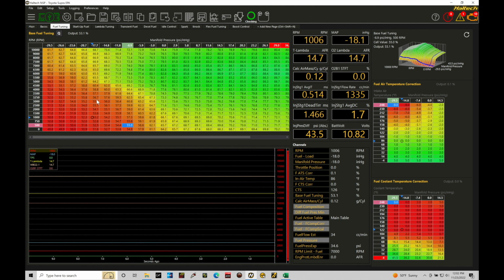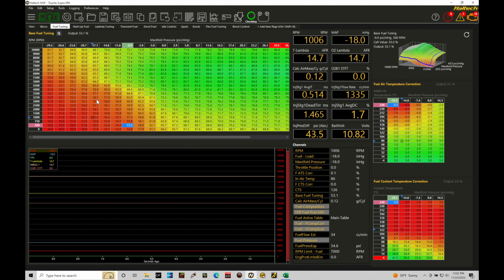Somewhere between the injector slope and the injector dead time latency values, we aren't accurately translating that fuel mass request in grams to an injector pulse width. And that's usually where the error lies.